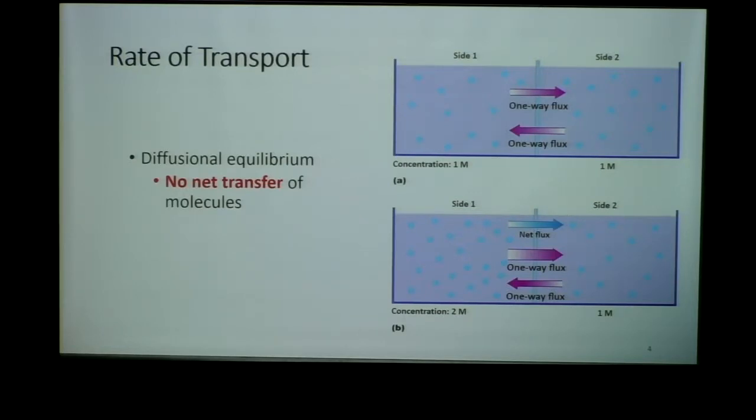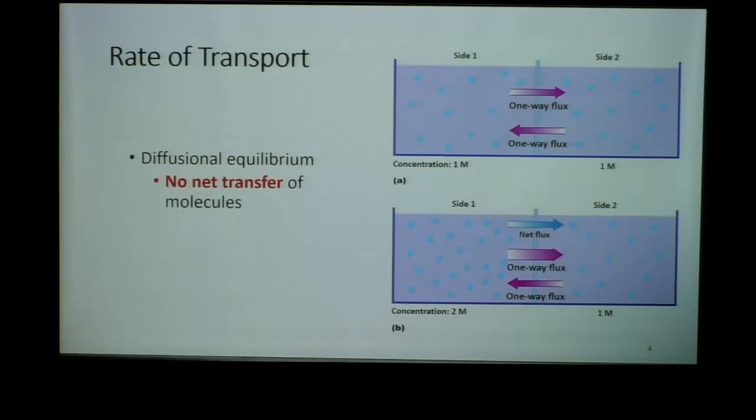And although we still have individual particle movement, it's important to understand here that even at diffusional equilibrium, particles are still moving in this top scenario here. But there's no net accumulation on either side. Okay, and so there's no net flux. Flux is the total net accumulation on one side or the other. And why is there no longer a net accumulation in this top scenario?